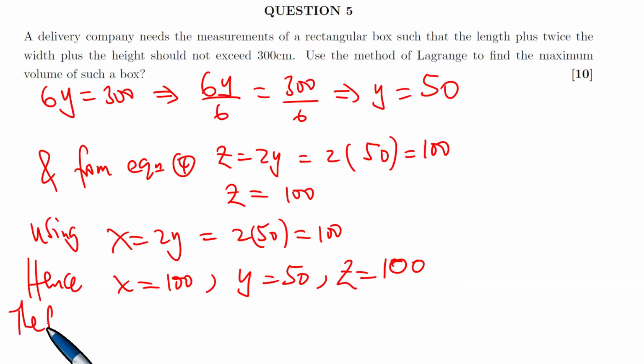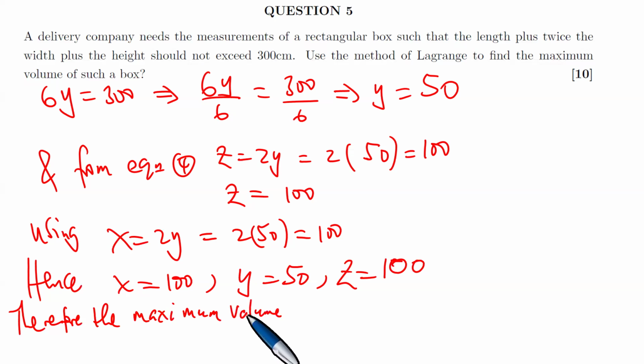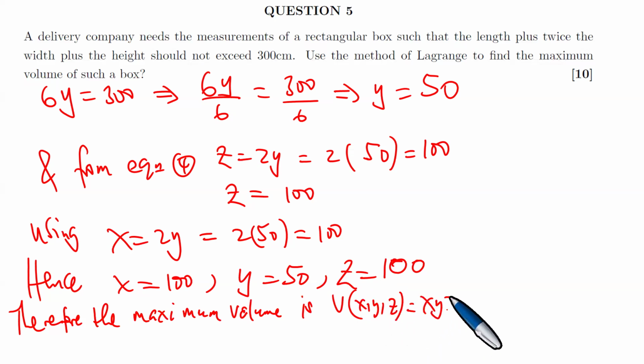Therefore, the maximum volume is V, which is x, y, z. So this maximum volume is found by saying V equals x times y times z. What is x? x is 100. What is y? y is 50. z is 100.